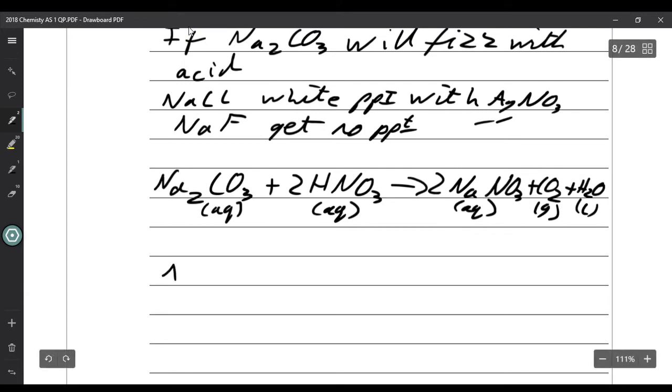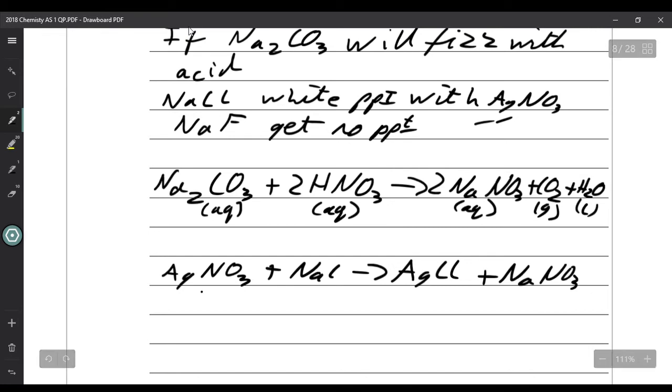So for the silver nitrate reactions, we'd have AgNO3 plus sodium chloride, and that would give us silver chloride plus NaNO3. Looking at the state symbols, the first two would be aqueous, the silver chloride would be a solid because this is the precipitate, and then NaNO3 would be aqueous.